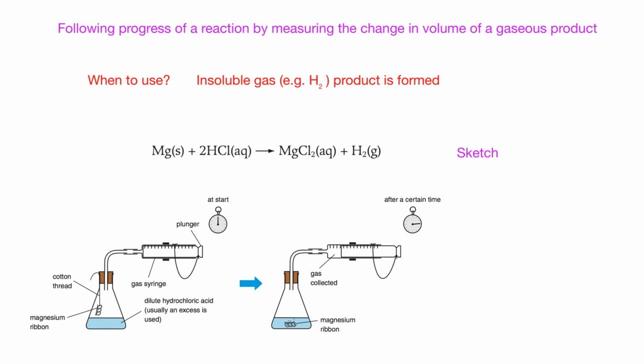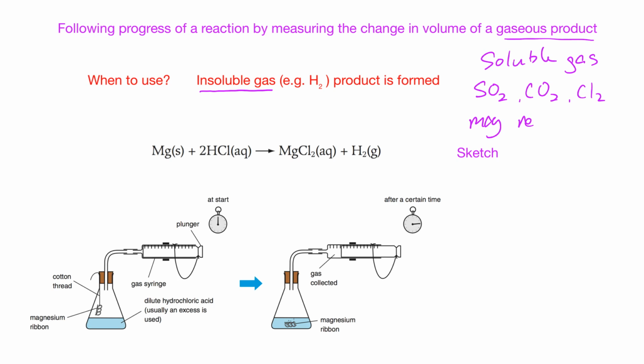First of all, we're going to talk about how to follow the progress of reaction by measuring the change in volume of gases produced. When we use this method, of course, you need to have a gas product. But this is not enough, it has to be an insoluble gas. Because if it is a soluble gas, for example acid gases like SO2, CO2, Cl2, they may redissolve into the liquid.